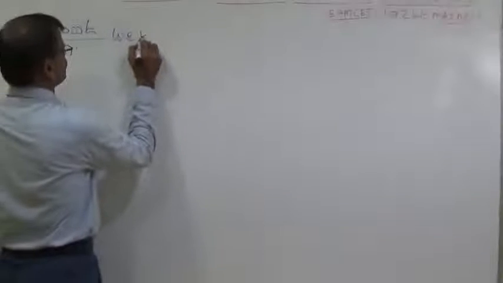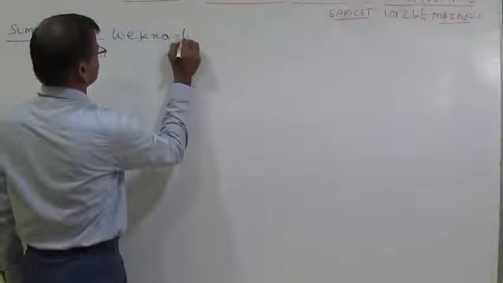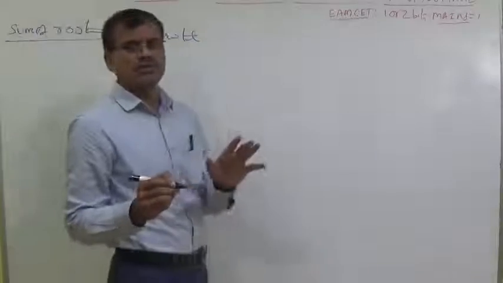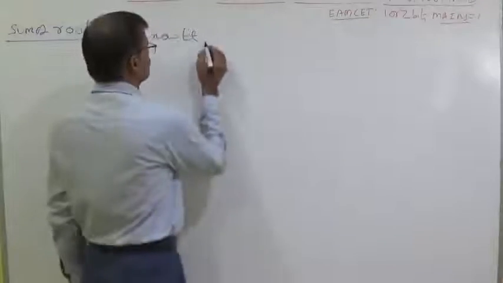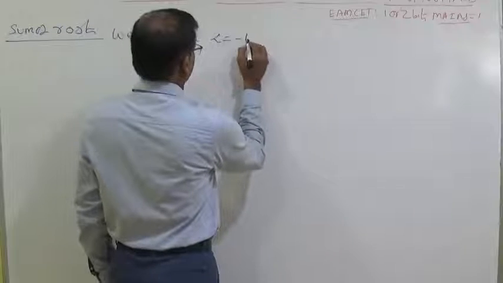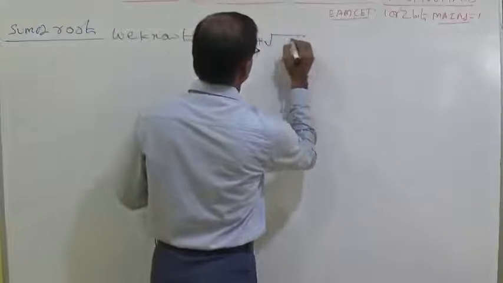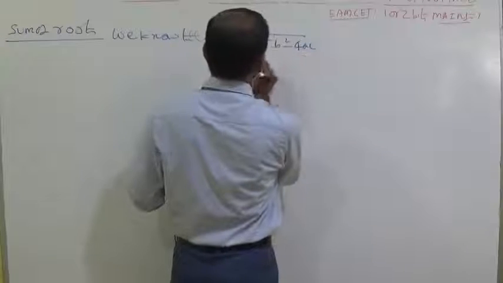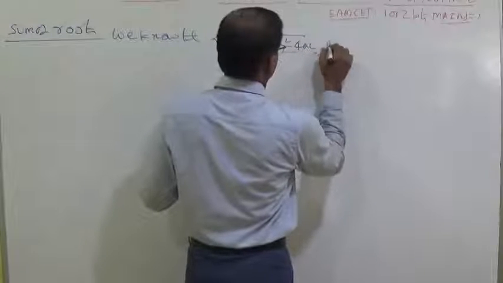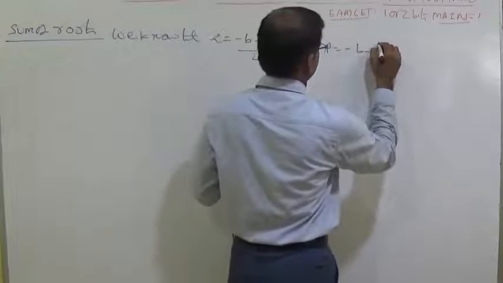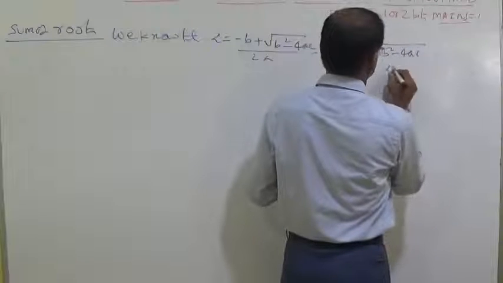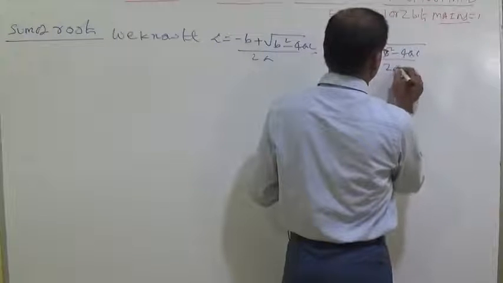We know that, for the quadratic equation, alpha is equal to minus b plus root b square minus 4ac by 2a, and beta is equal to minus b minus root b square minus 4ac by 2a.